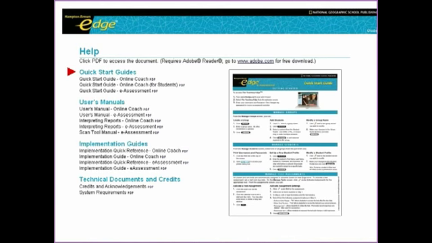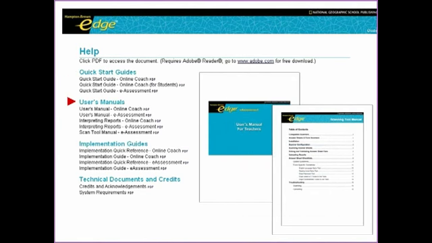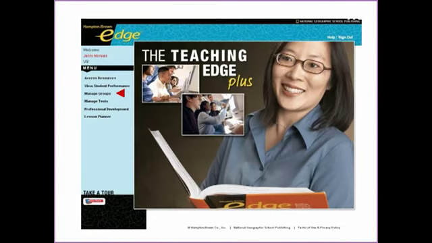There is also a complete comprehensive user's manual that contains details for every aspect of the Edge e-assessment site. And don't forget about the scanning tool manual if you will be using the Scan and Score testing option.